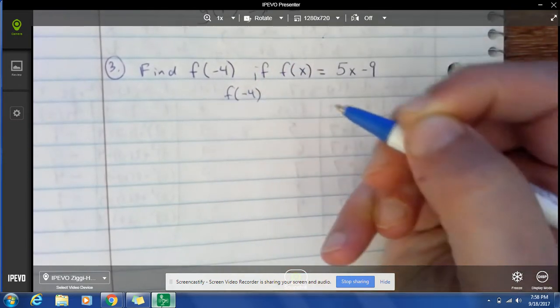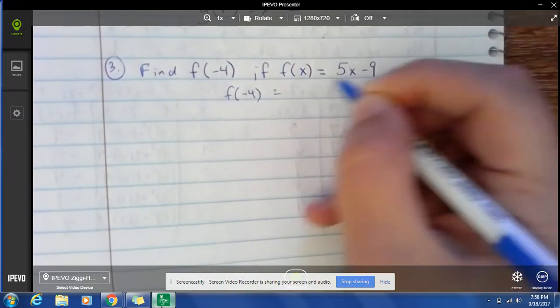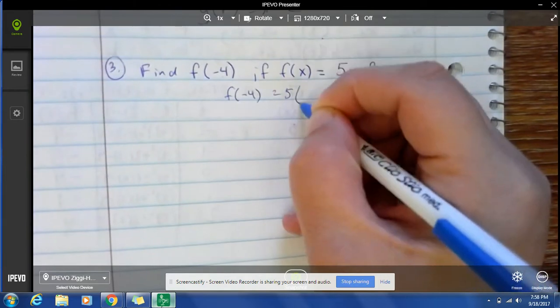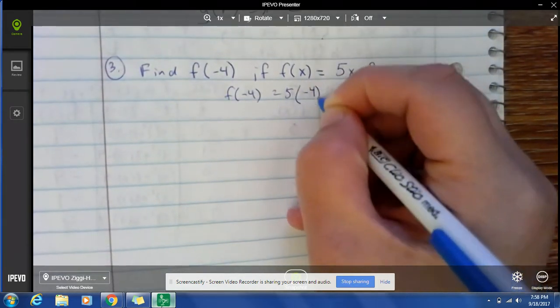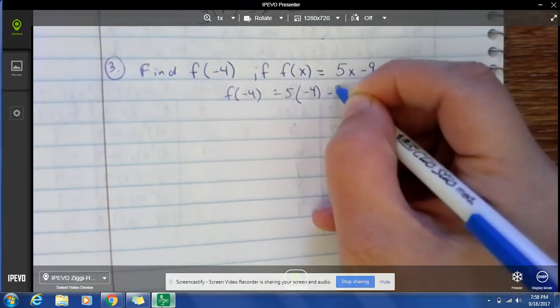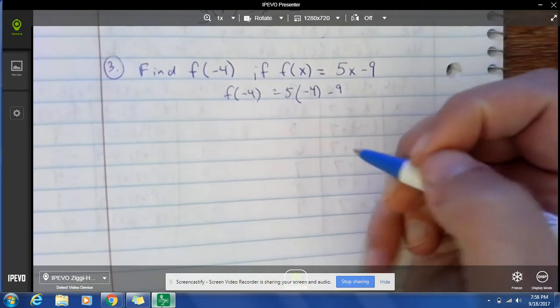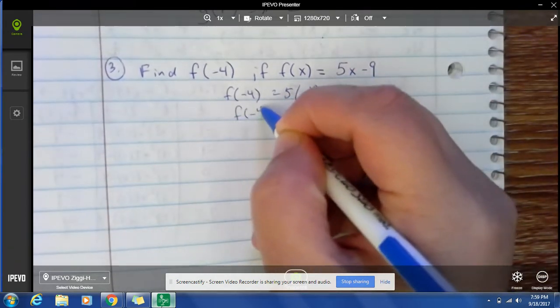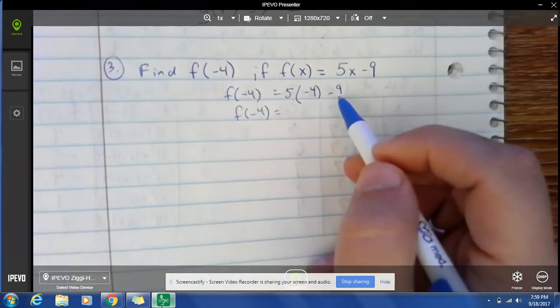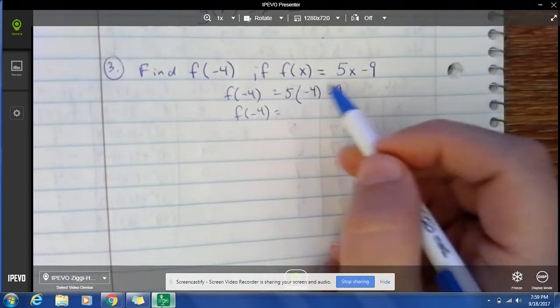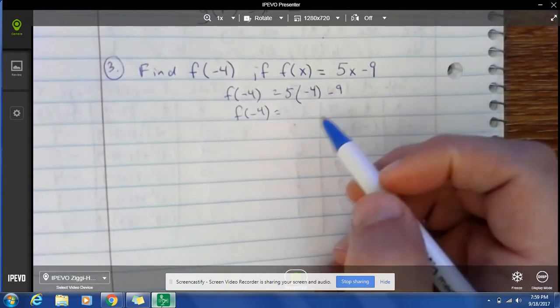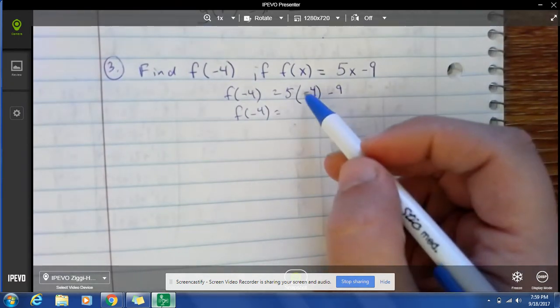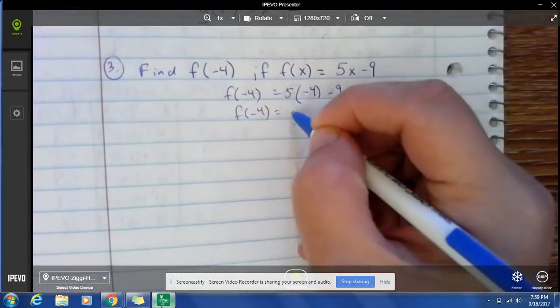and write f of -4 equals, and we'll write 5 parentheses -4 minus 9. And then order of operations is going to take over. So we know that the first thing we look for, there's no grouping symbols to evaluate. There's no exponents, but we do have multiplication.